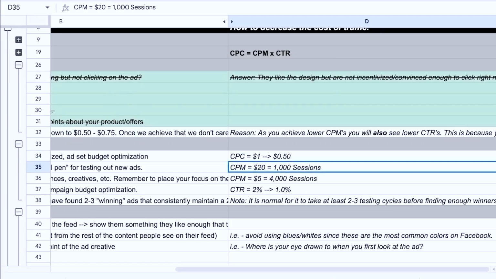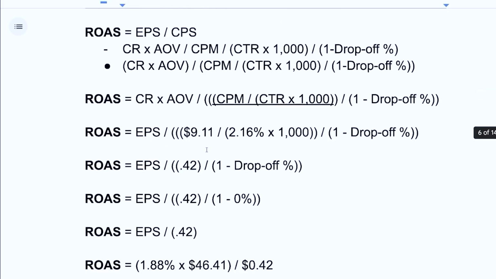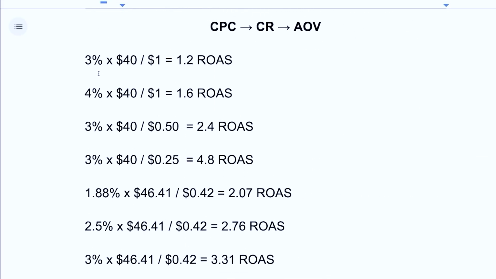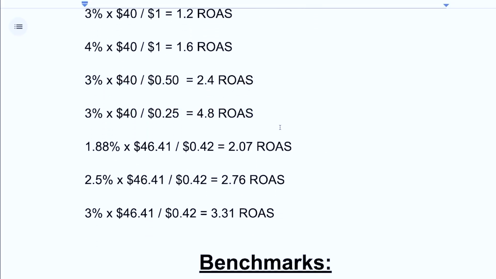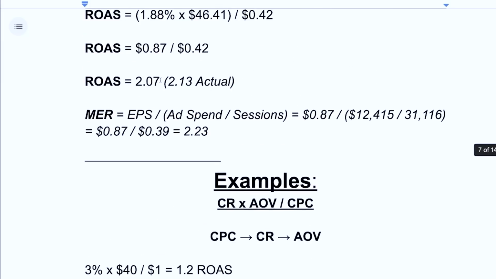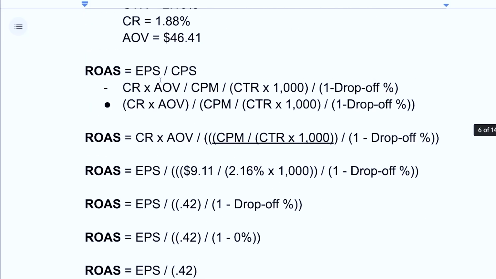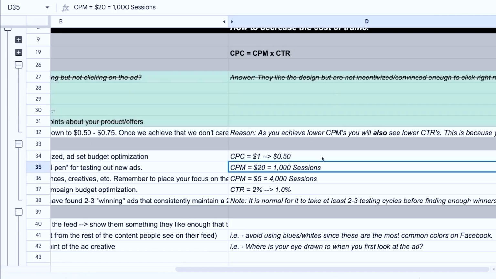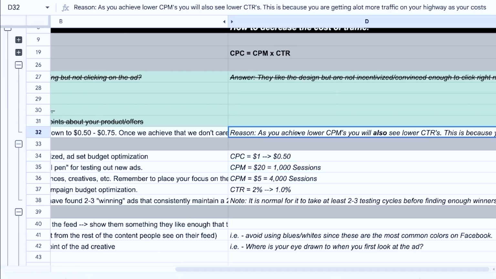An easier way to put this is if we just look at these examples here. What we just did essentially is just show what the drop is by looking at CPM and the CTR. So that's the reason it's nothing to worry about if your CTRs drop as your CPMs drop.